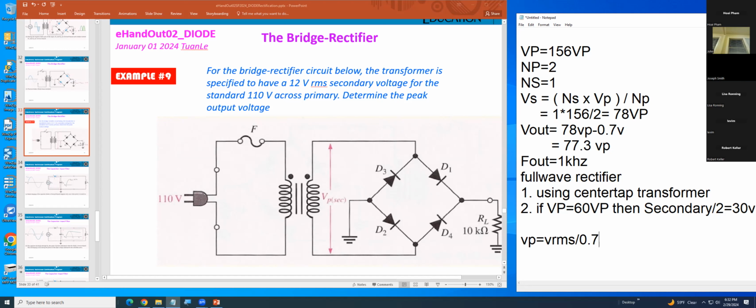VRMS. Okay, what is VRMS? Let's see. RMS stands for root mean square. It's exactly 0.707 times the peak.